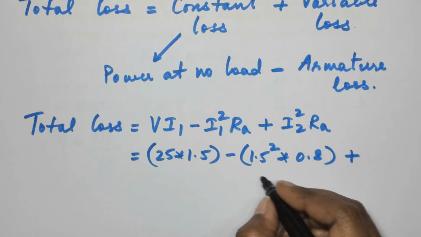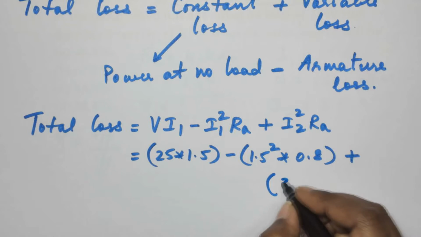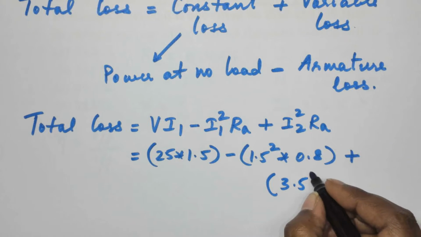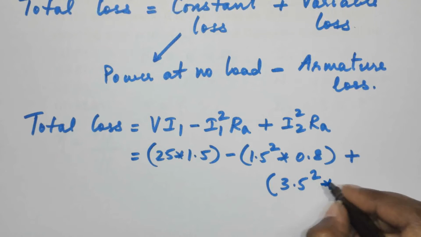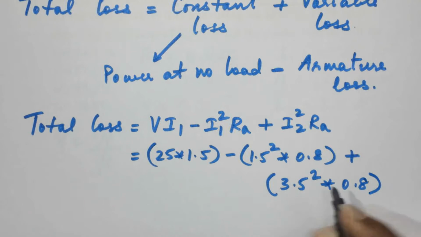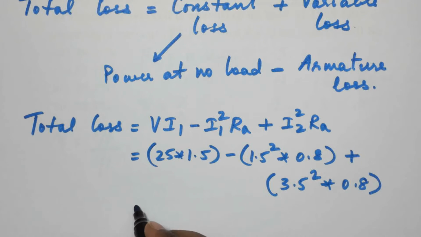So I square R would be 3.5 square, that's I2, into 0.8. Now when you solve this entire portion, you should get a value of 45.5 watts. Now this is our total loss, 45.5 watts.